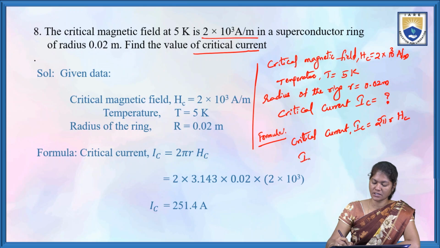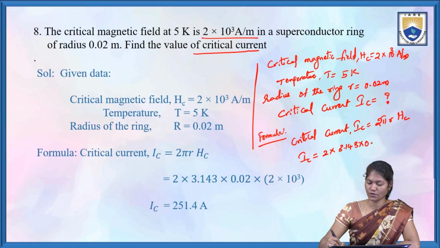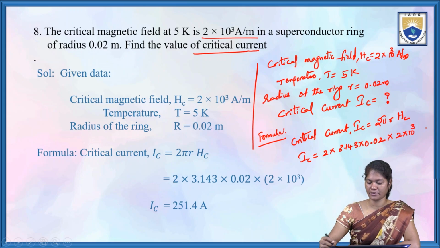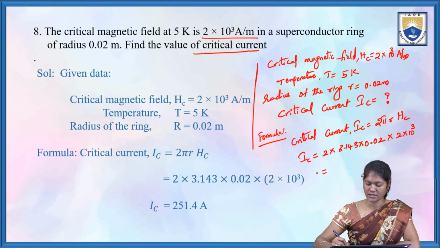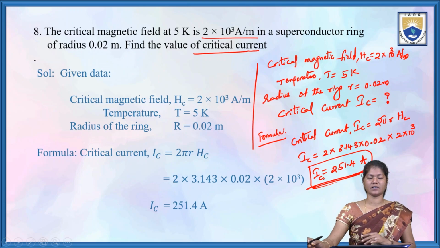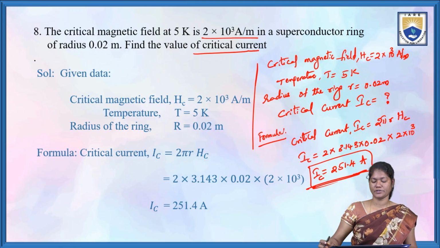So IC equals 2 into pi, which is 3.143, into the radius of the ring 0.02 meters, into 2 into 10 power 3 ampere per meter. When calculating, IC becomes 251.4 amperes. This is the value of the critical current for this problem.